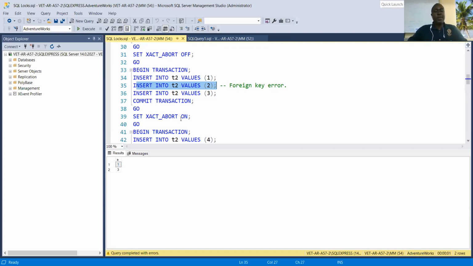But when you use the exact abort on, then you're saying, if an error occurs, you want SQL Server to reverse, to roll back the transaction. Yeah.